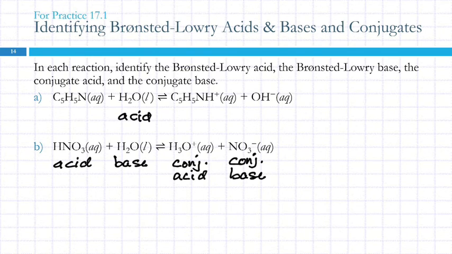And what happened to this other guy? Oh, it gained the hydrogen, right? So that must be the base. So if C5H5N was the base, then it turns into the conjugate acid. Water was the acid, it turns into the conjugate base.